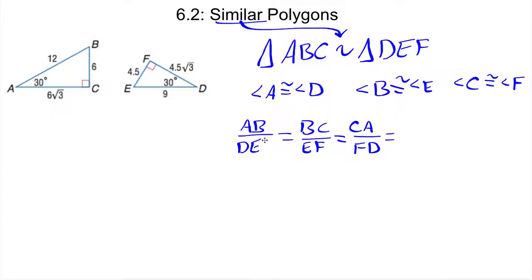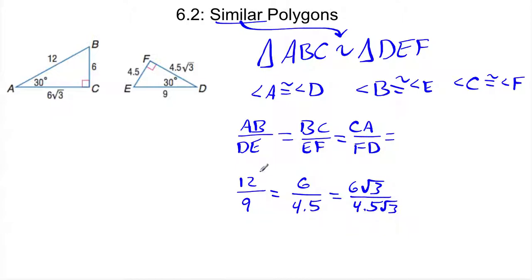Well, if we look at this, AB is 12, DE is 9, BC is 6, and EF is 4.5, and CA is 6 root 3, and FD is 4.5 root 3. We can do a little bit of algebra here to play around with this.